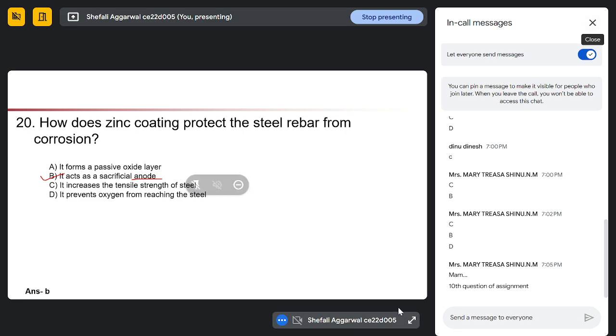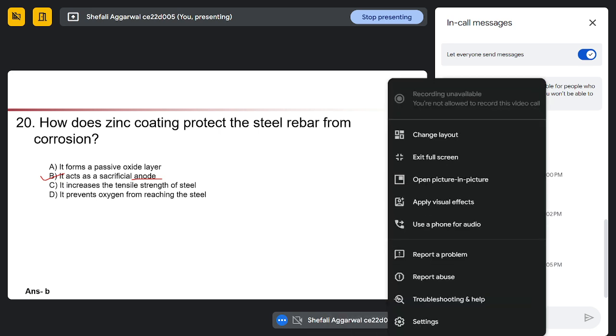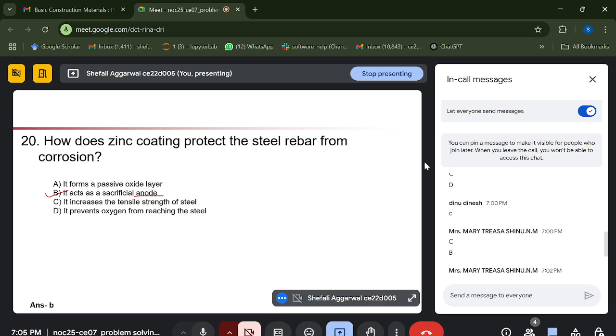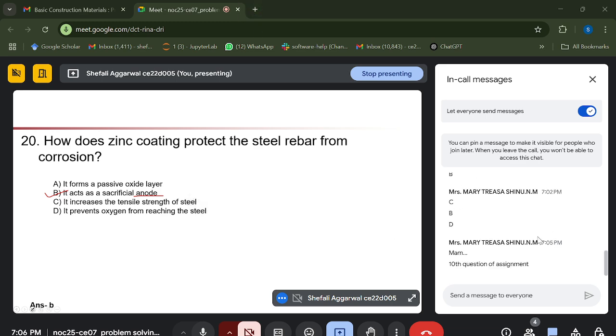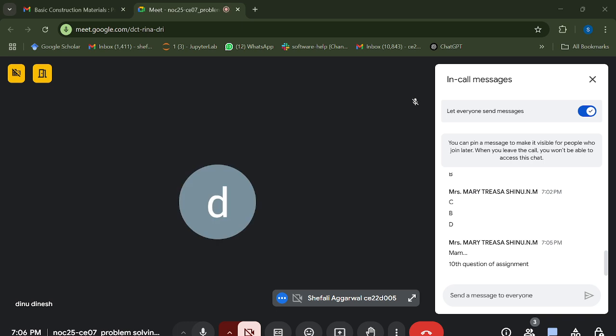Check assignment. Assignment 8 or 7? Let me know which assignment you are talking about. 8 or sorry, 7 or 8.